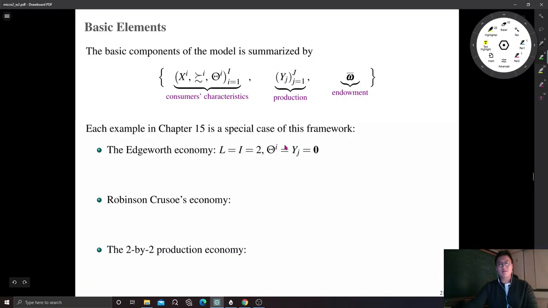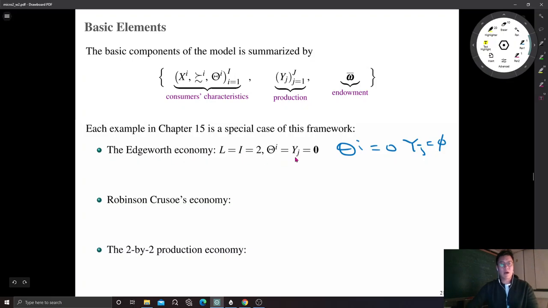And we did not consider production, meaning that there is no ownership and there are no firms, so the Y sub j should be the empty set. So the more exact expression is theta i is equal to 0, and Y sub j is just an empty set, meaning that there's no production in this Edgeworth or pure exchange economy.